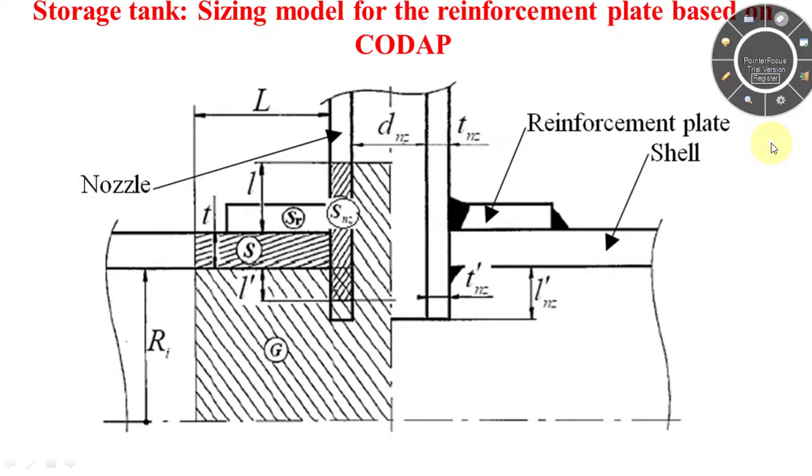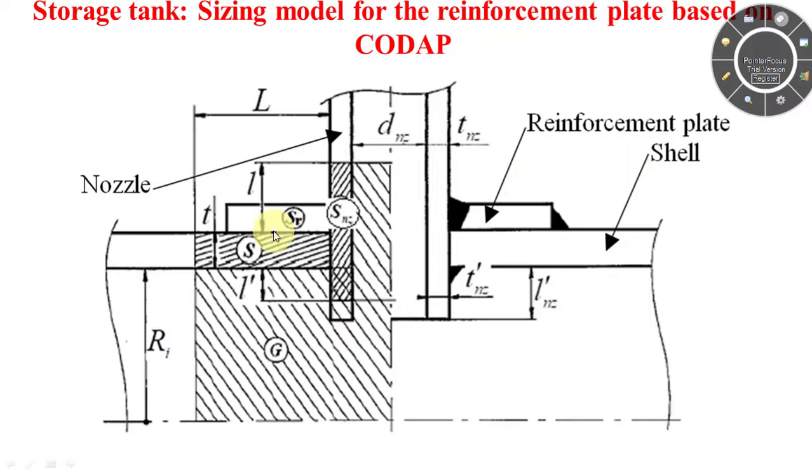Well, now it's important to note that the sizing of the reinforcement plate is based on the model that you see now in the slide. Of course, this model is extracted from the calculation code CODAP.